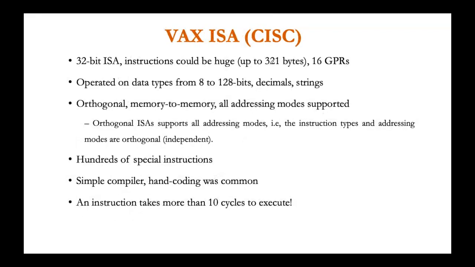So let us see the variable length instruction CISC basics, what happens there. The VAX ISA is a 32-bit ISA. The instructions could be huge, up to 321 bytes, and 16 general purpose registers are used to execute these instructions.